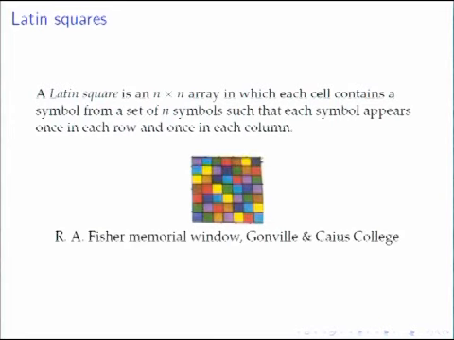So there's an example. This is actually an interesting example. It's a window in the dining hall at Keyes College, where I am at the moment. It was designed by Anthony Edwards, who took the design from the cover of Fisher's book.